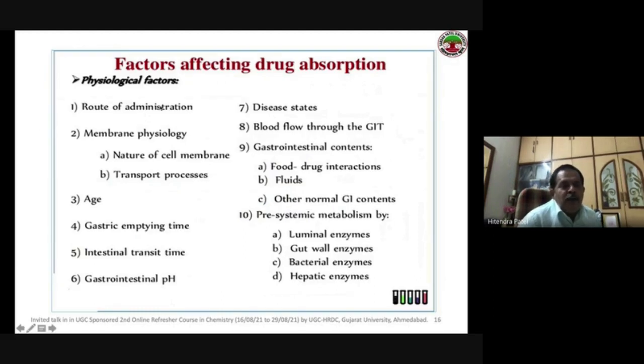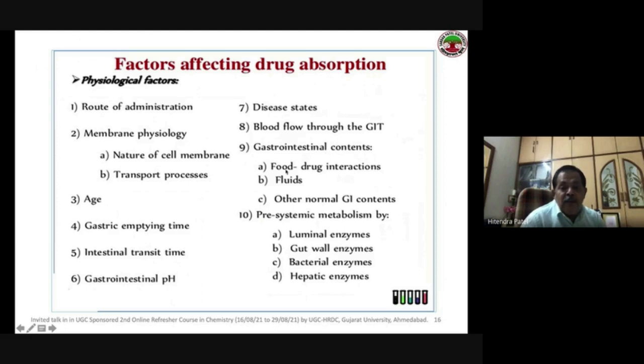And in another way, you can see the factors affecting drug absorption shown on this another slide, that is route of drug administration. It depends upon the route of drug administration, membrane physiology, age of the patient, gastric emptying time, intestinal transit time, as well as the gastrointestinal pH, and the disease state, what kind it is, and blood flow through the gastrointestinal tract, and gastrointestinal content.